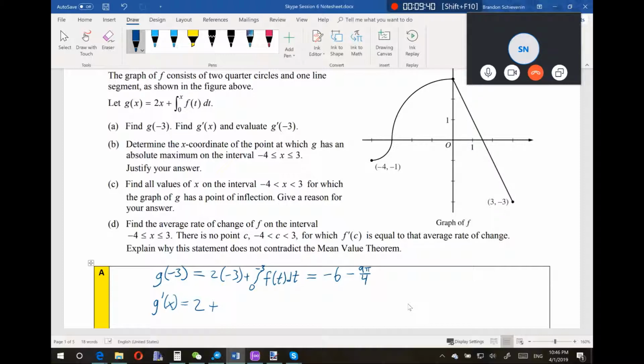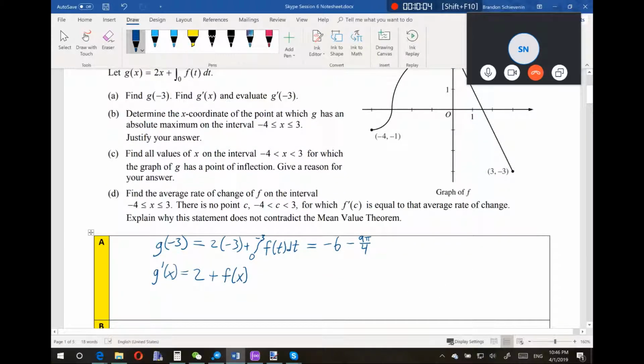But when you integrated, you would have plugged in x, so our variables are going to change. So this is going to be f of x times dx, which is 1, since we're deriving in terms of x, minus f at 0 times d0, and the derivative of any constant is 0. So our general form is 2 plus f of x. And then I can plug in negative 3.